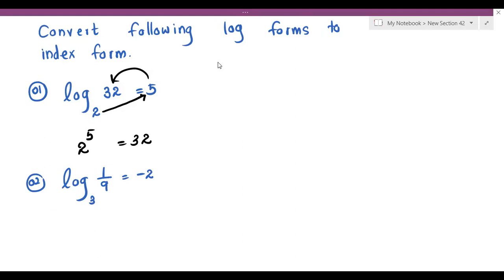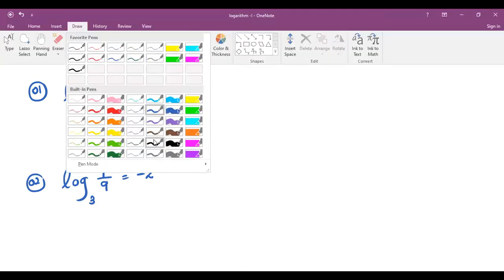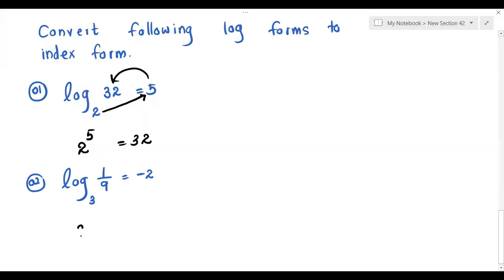Then how do we express this? We know that base is 3, so 3 to the power of minus 2 equals 1 over 9.